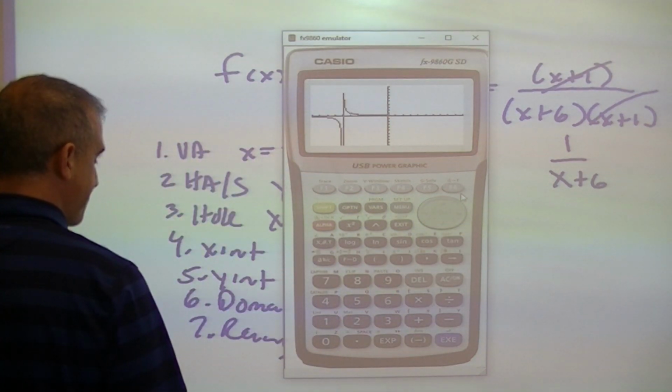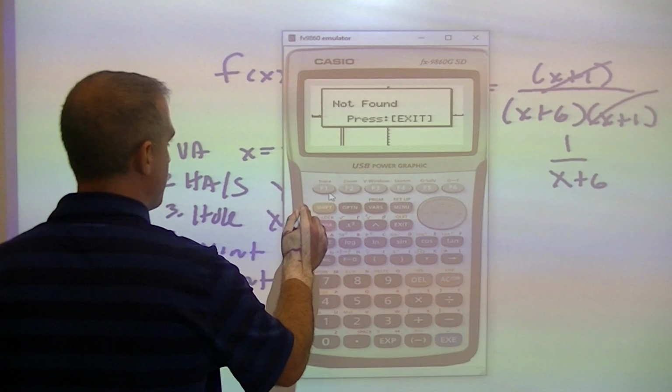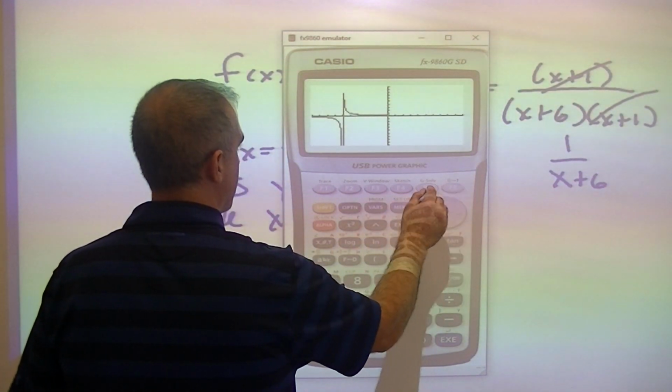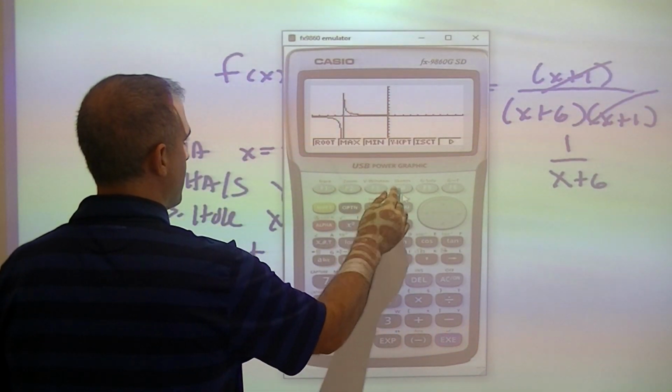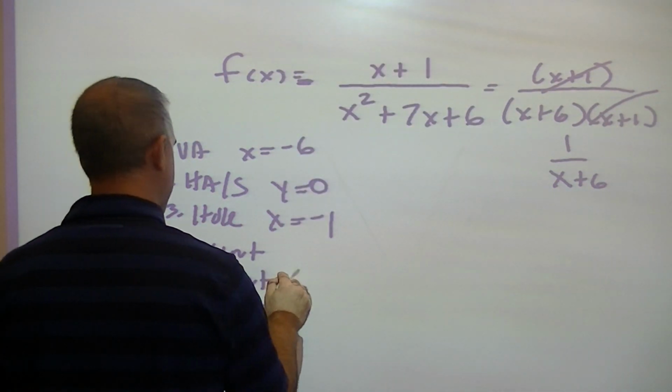All right, G-solve root, there is none. G-solve y-intercept, y is 0.16.